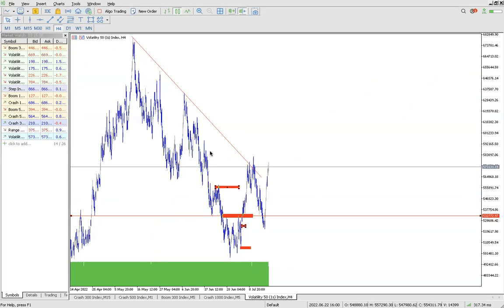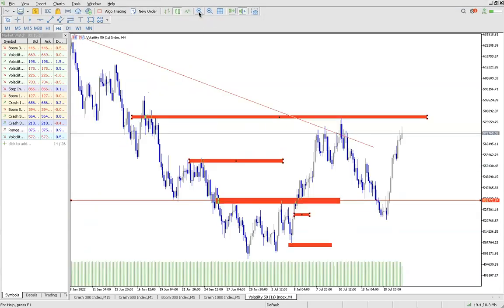I'd also target this area, my take profit 2. As you can see, we only had two take profits, but I entered where? Here. Right.